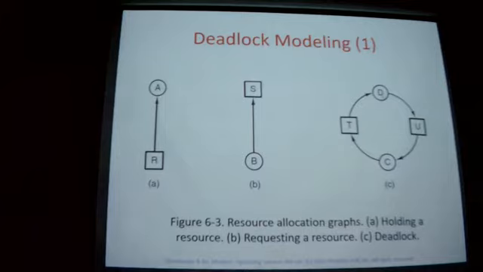And then we also see that process C holds resource U, but process D requires resource U. So we will find that no process can finish its task. So there is a deadlock.